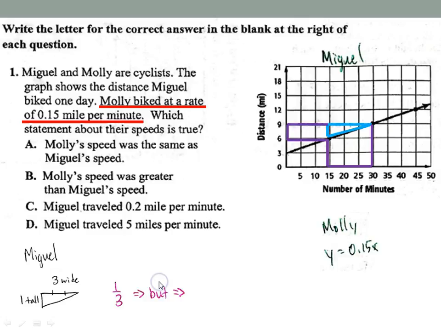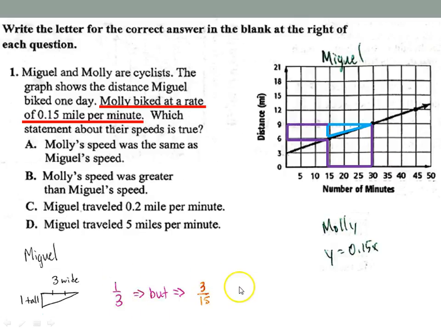The box might be 1 box tall, but going back to the y-axis, we see that it's actually a difference of 9 and 6, which is 3 miles. And at the bottom, we have from 15 to 30, which is 15 minutes. So it's not 1/3, it's actually 3/15.